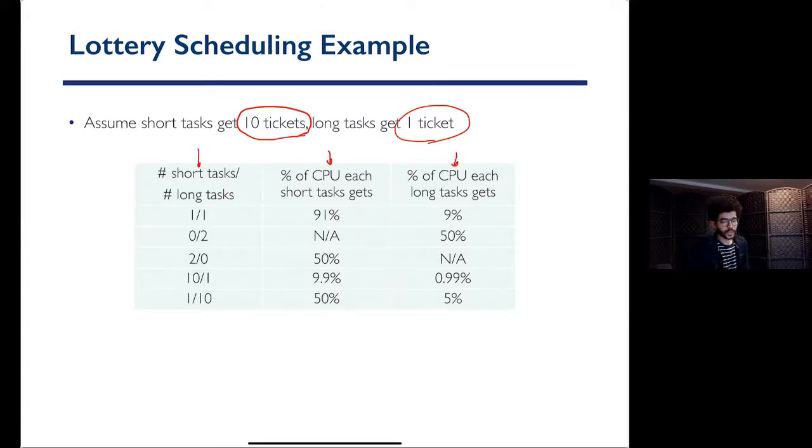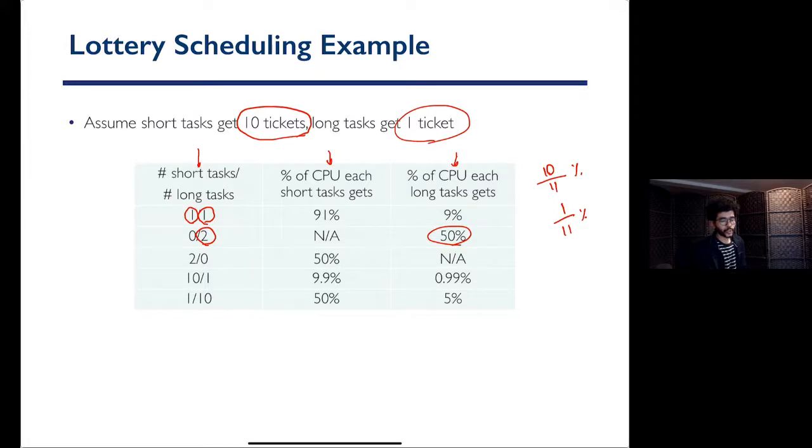So if I only have a single short task and a single long task, then the short task on average is going to get 10/11 of the time on CPU, and the long task is going to get 1/11. Now, if I only have 2 long tasks, then they're going to share the system half-half. So each one of them is going to get 50%.